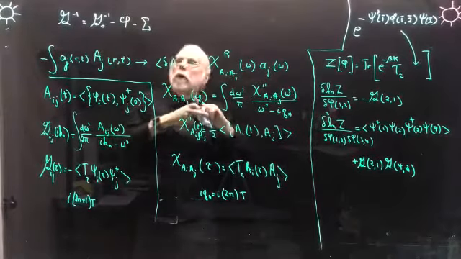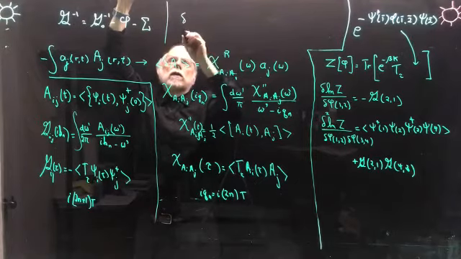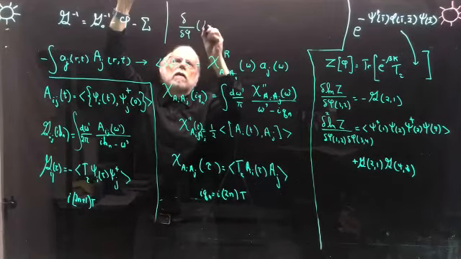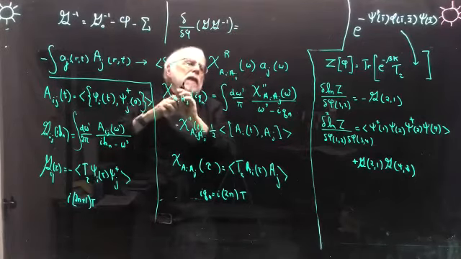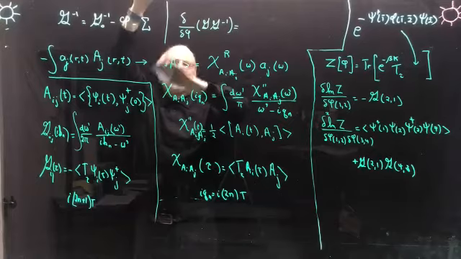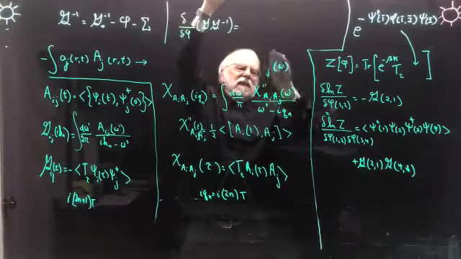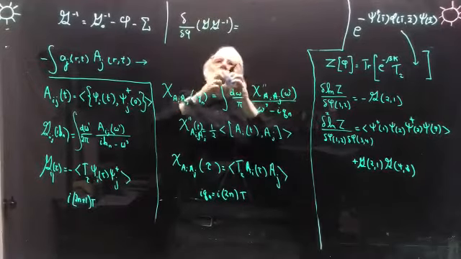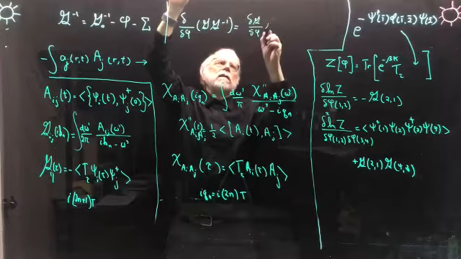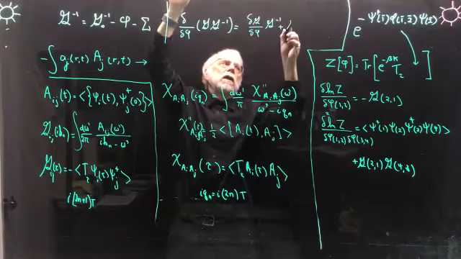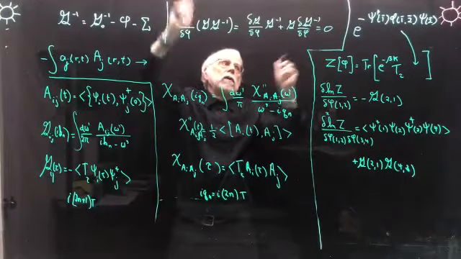Now to find these 4-point functions, I take the functional derivative with respect to phi of G times G inverse, and that gives me delta G over delta phi times G inverse plus G delta G inverse over delta phi is equal to 0.